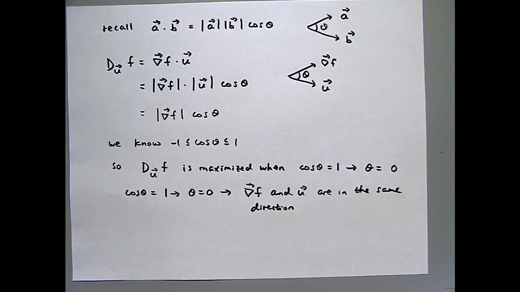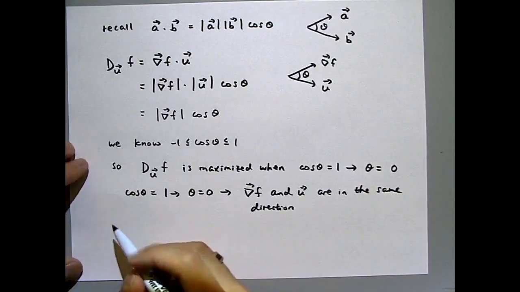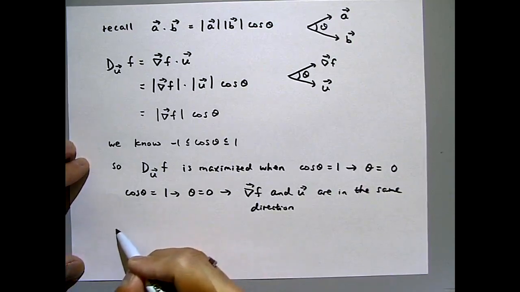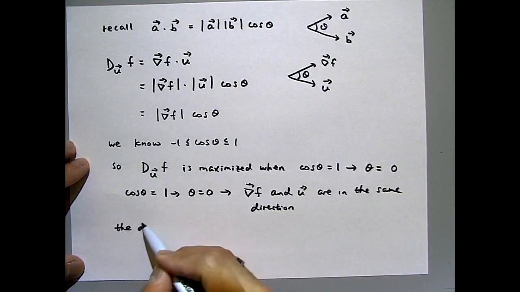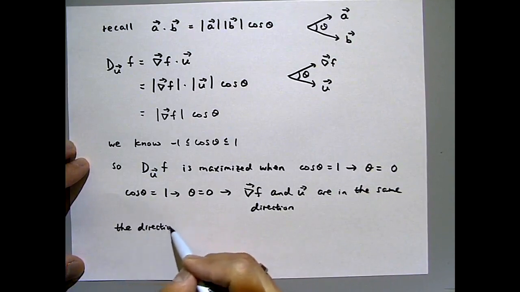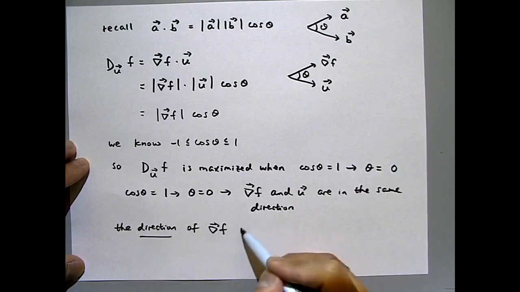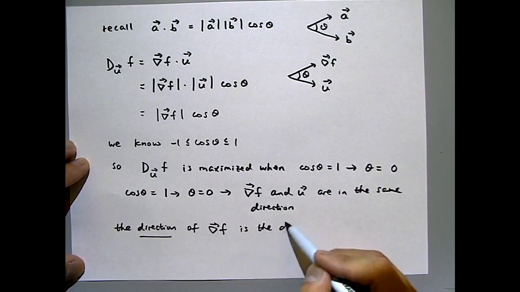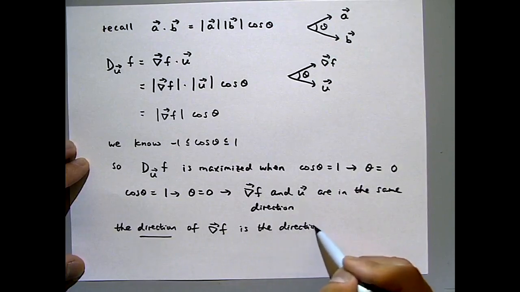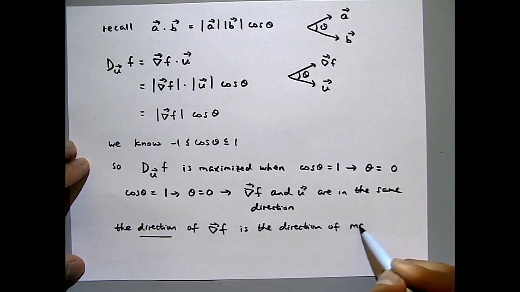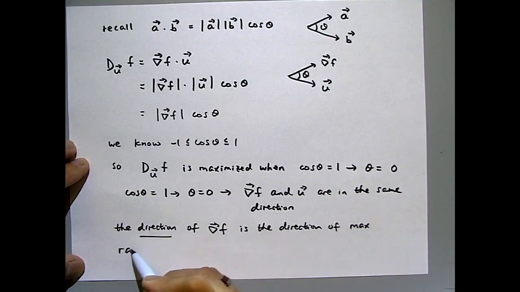In other words, this is telling us that the direction of the gradient vector is the direction to go to get the maximum rate of change.